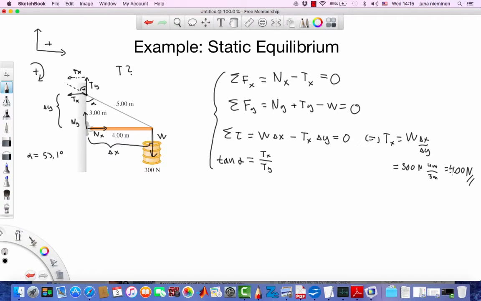Then we can take that one and put it here. nx is the same as tx, so that's also 400 newtons.